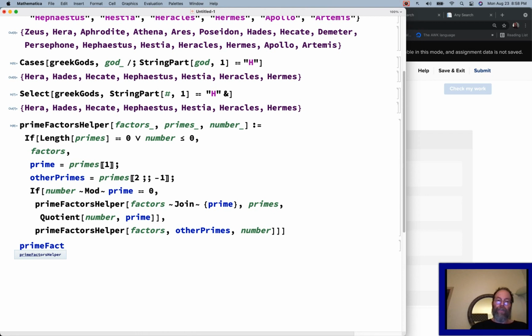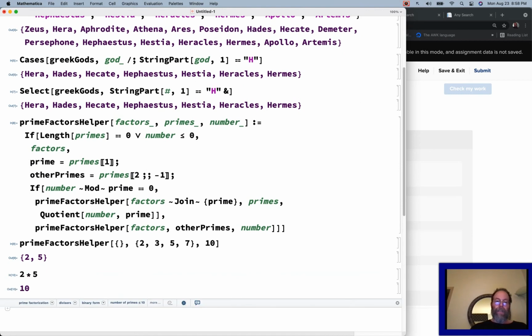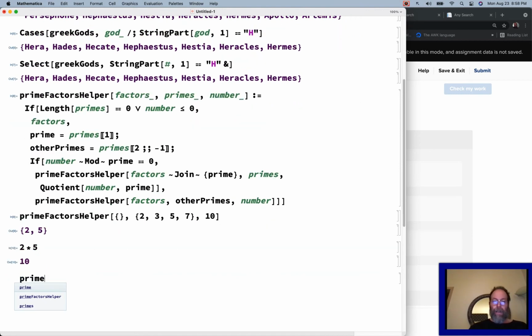PrimeFactorsHelper. 2, 3, 5, 7, 10. Sure, 2 times 5 is equal to 10. PrimeFactorsHelper. 2, 3, 5, 7, 11, 13, 17, 19, 23.